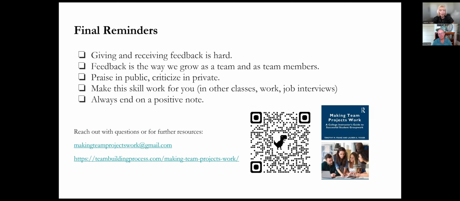And if you can talk about this in other classes, at your job, at your internship, when you go on a job interview and say, I've learned how to effectively do peer evaluations. I know how to give feedback, and I also know how to receive feedback from other people and do that effectively. That is going to be a really important skill for you to be able to discuss. And always, always, always end on a positive note.